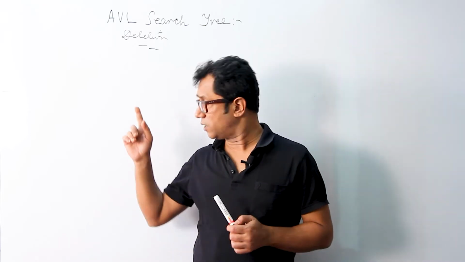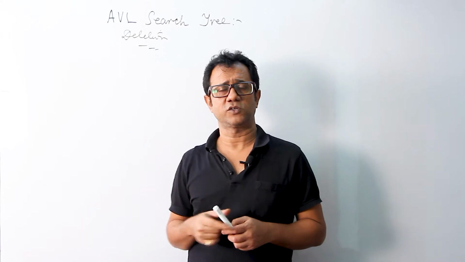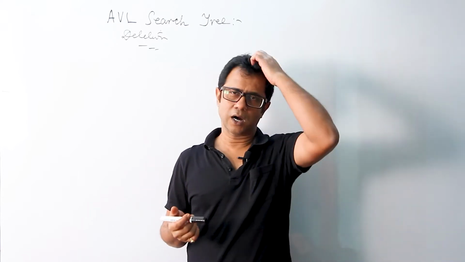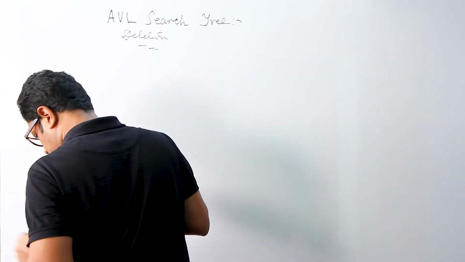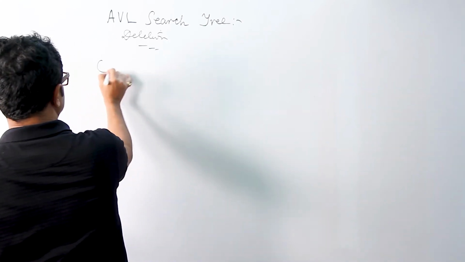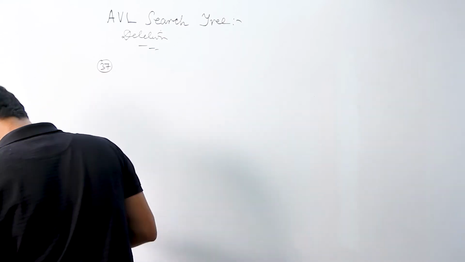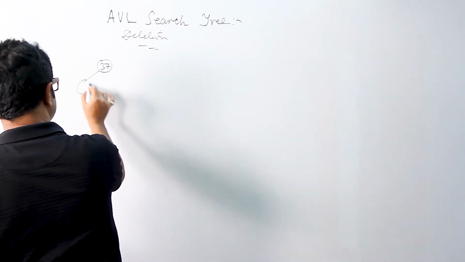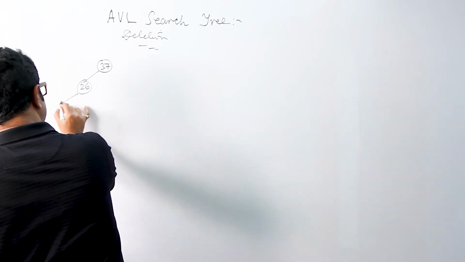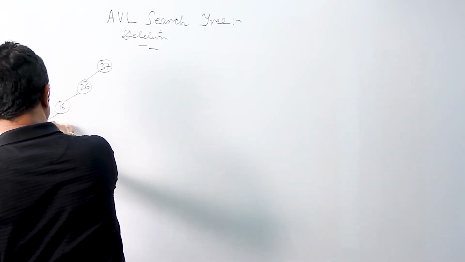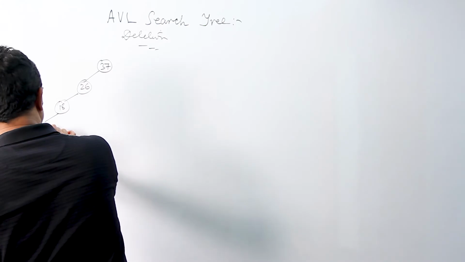So I will draw an AVL search tree and show you how the R1 rotation takes place. So let me draw an AVL search tree like this: 37, 26, 18 and then 16.